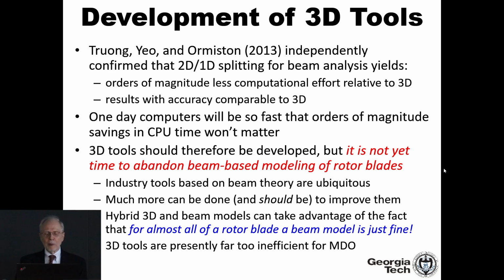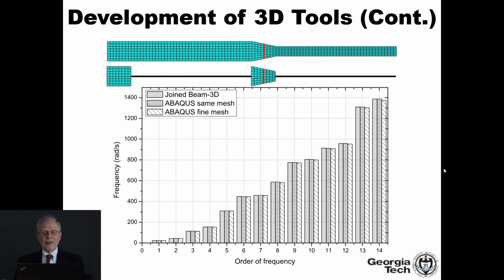The hybrid 3D and beam models can take advantage of the fact that for almost all of a rotor blade, a beam model is just fine. And then you can use 3D tools for the parts of the beam that cannot make use of a beam model. And here is an example of two uniform beams.